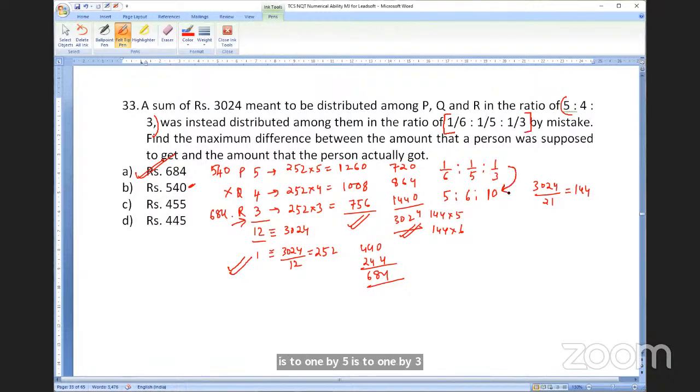To convert this into whole numbers, just multiply this ratio by the LCM of 6, 5, 3, which is 30. So it becomes 5:6:10. We have the old distribution and the new distribution, we calculate the differences, and we get the highest difference for R, that is 684. Option A is the pick.